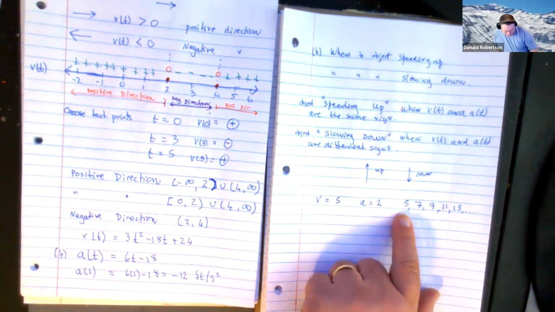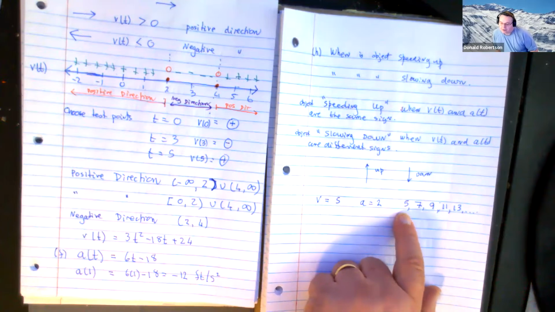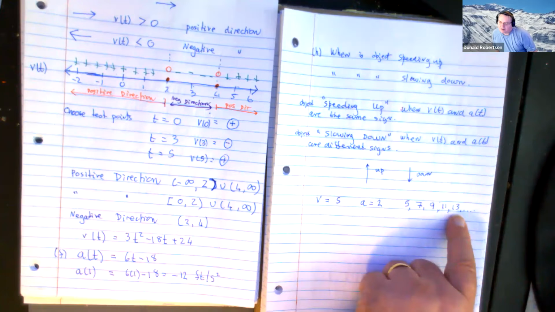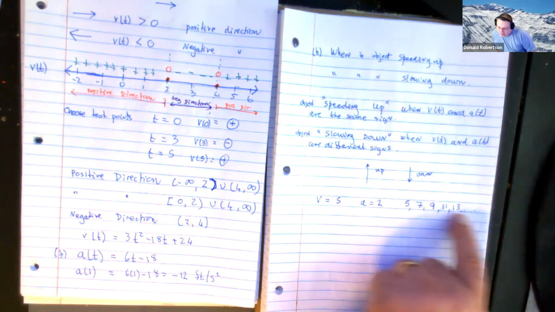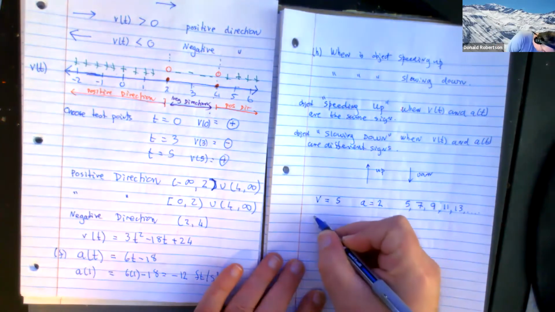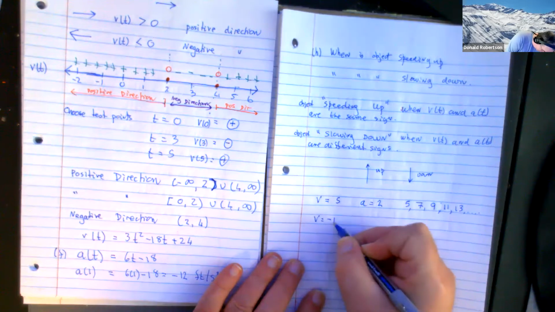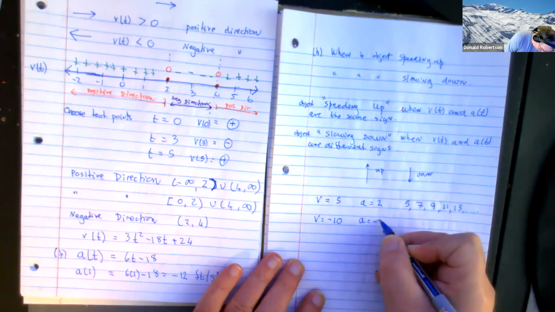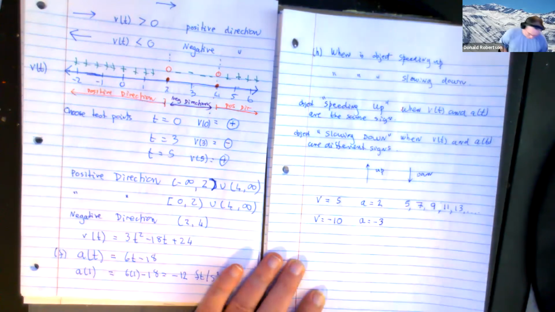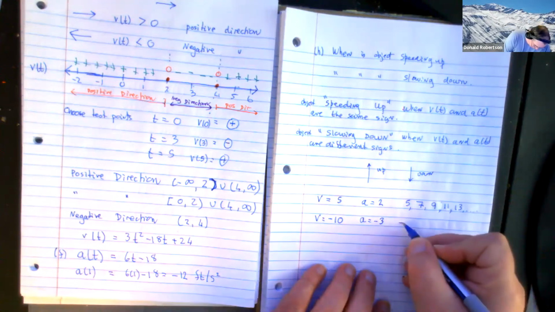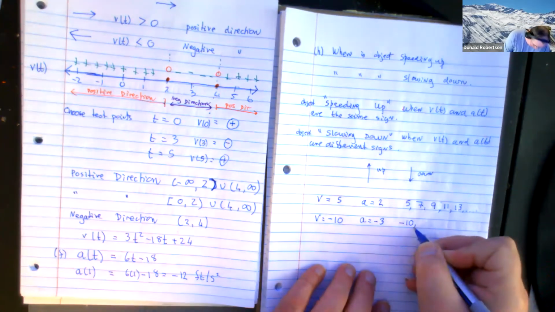So can you imagine this object moving upwards at 5 meters, 7 meters, 9 meters, 11 meters, 13 meters per second? Does that look to you like things are getting faster, speeding up? Now, let's suppose the velocity was -10, and the acceleration was -3. You start off with a velocity of -10.